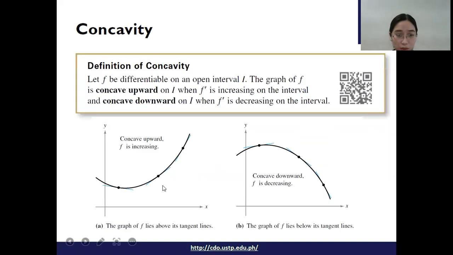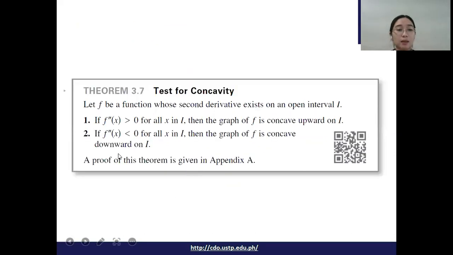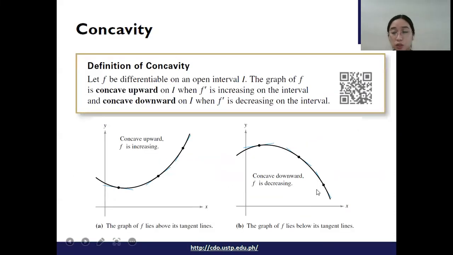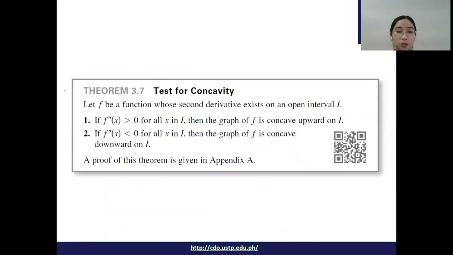And number two, if f double prime of x is less than 0 for all x in I, then the graph of f is concave downward.